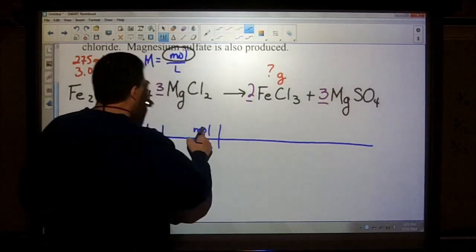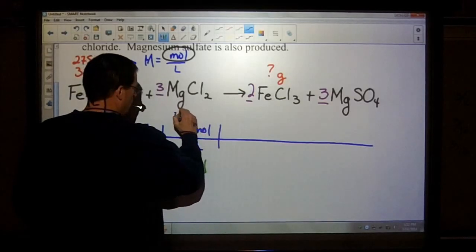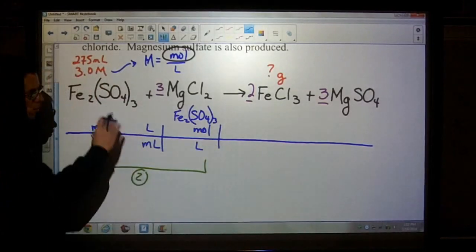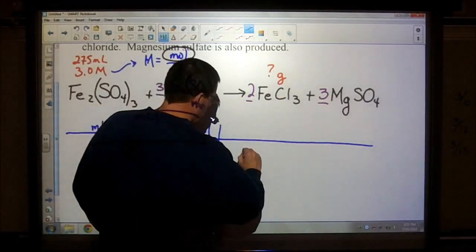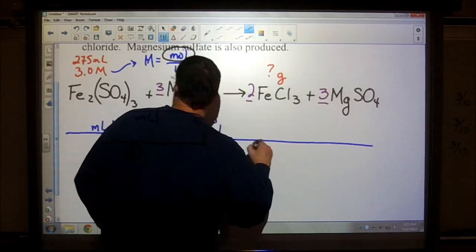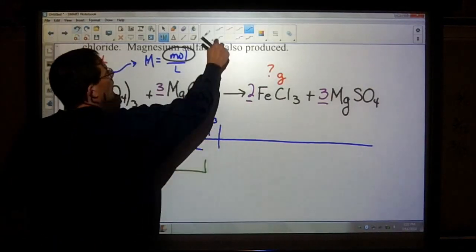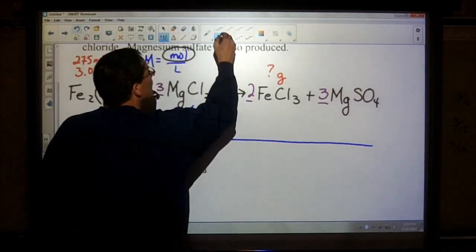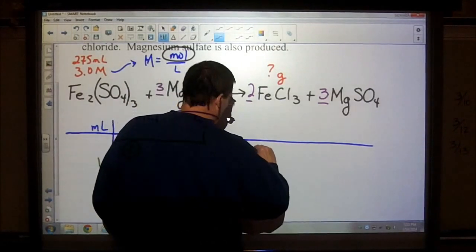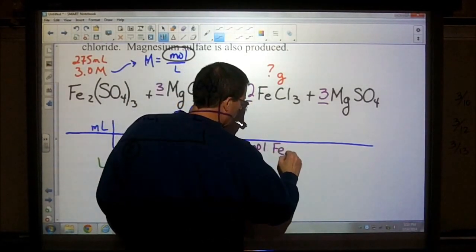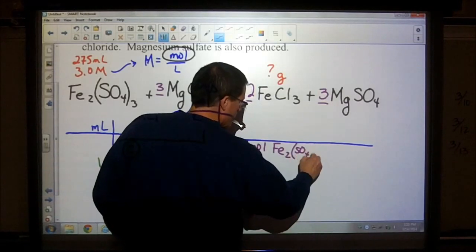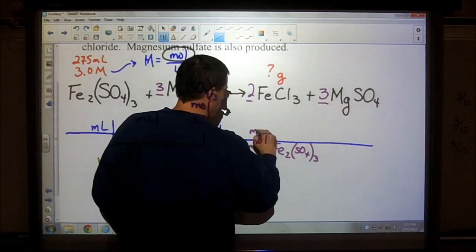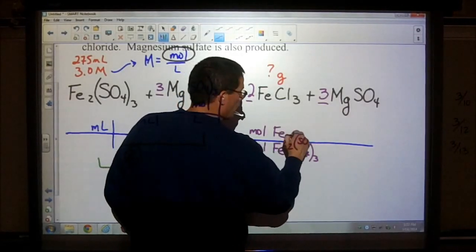So this is moles of Fe2(SO4)3. Okay, so we need to move our unit moles of iron sulfate down. So moles of iron sulfate. And we are looking for moles of iron chloride, iron 3 chloride.